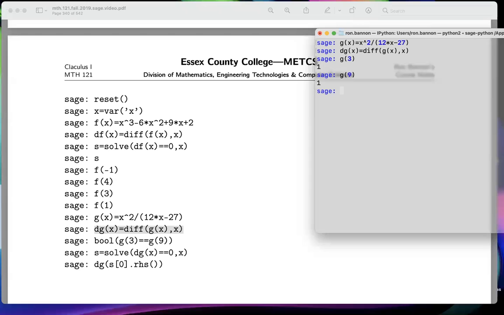Now, what do I know? I know g of 3 and g of 9 are both the same number. Well, that's what that Boolean does. Let's do that. Bool. We're asking the question, is g of 3 the same thing as g of 9? And what's the answer to that? Of course it's true. We just did that.